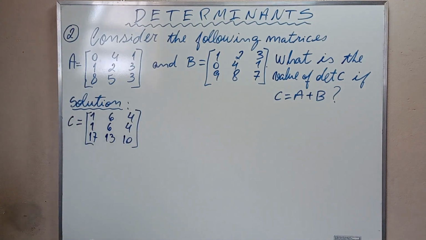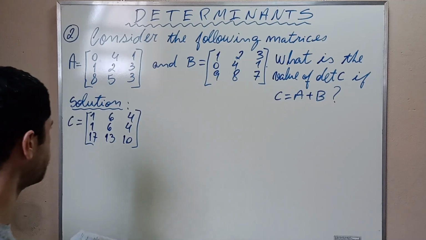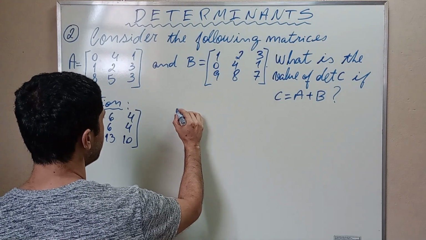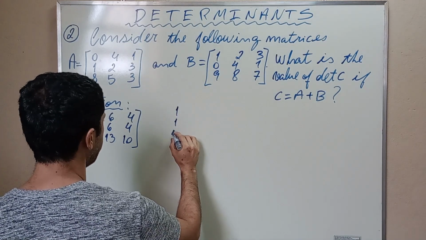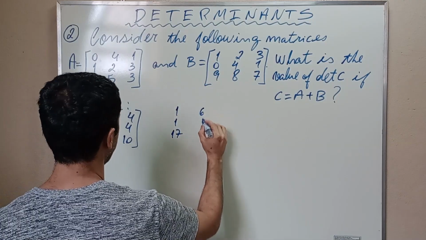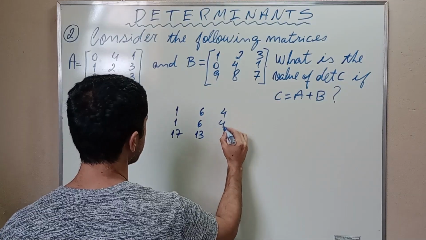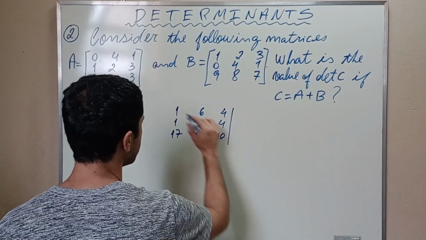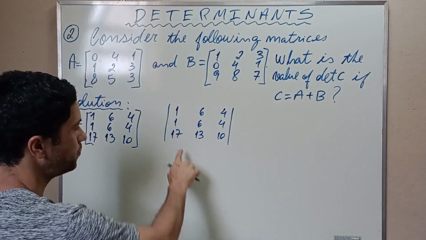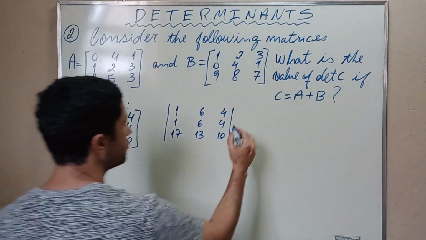Now that we know matrix C, we can calculate the determinant. To find the determinant of C, we may use the rule of Sarrus. Okay, the way I use the rule of Sarrus is this. We simply copy the matrix and copy again these 2 columns.